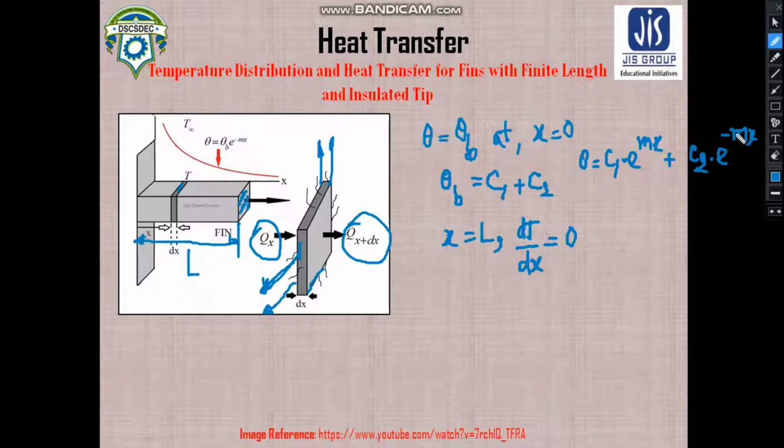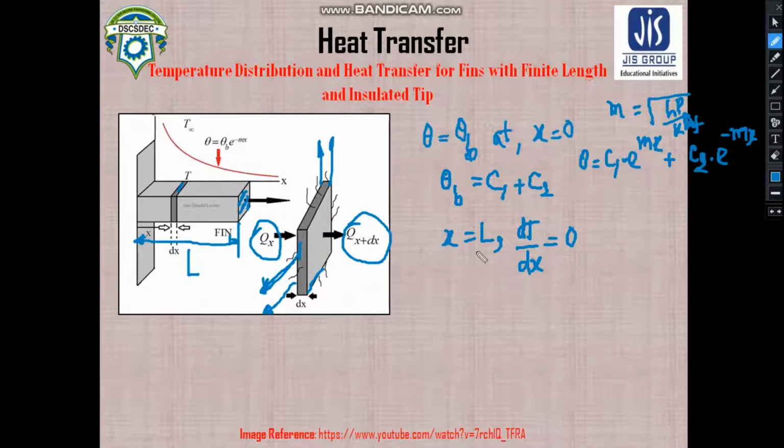This is our general temperature distribution equation, where m was taken as root over of hP by kA, where h is the convection heat transfer coefficient, P is the perimeter of the surfaces from which the convection is going on, k is the thermal conductivity of the fin material, and A is the area over which this heat transfer is, or specifically, the fin area.